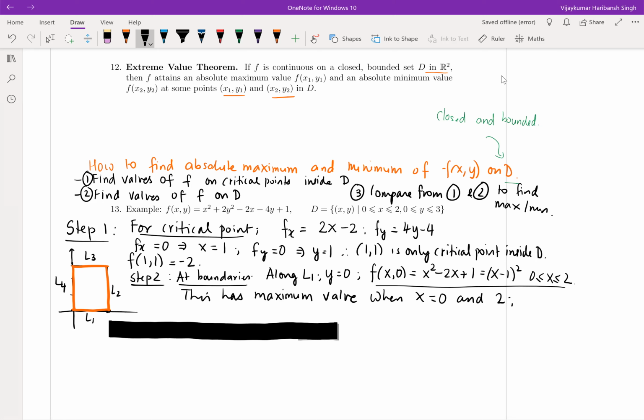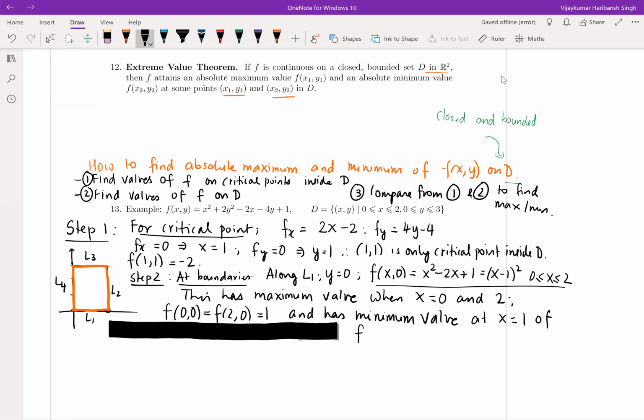And what do we get? We get f(0, 0) equals f(2, 0), which is 1, and it has minimum value when x equals 1.